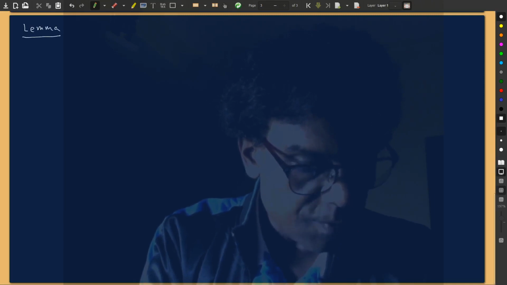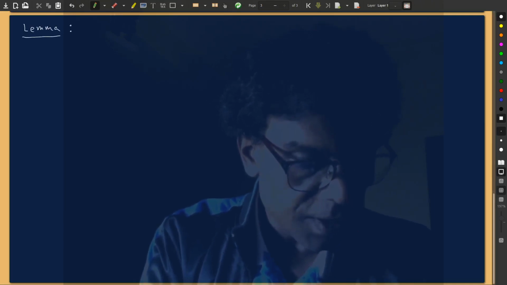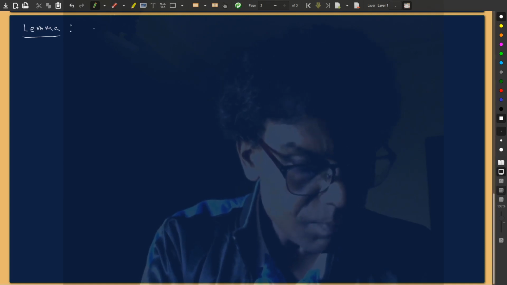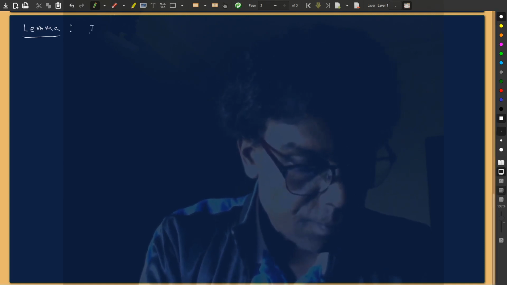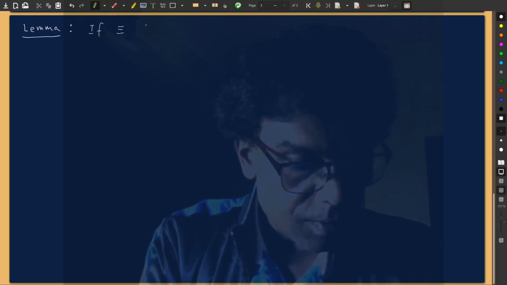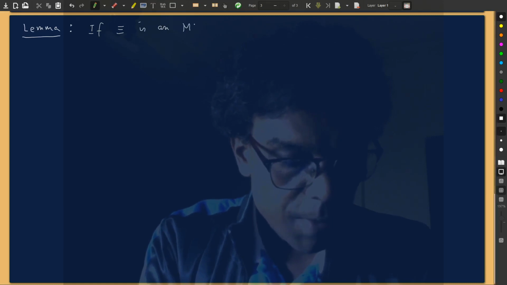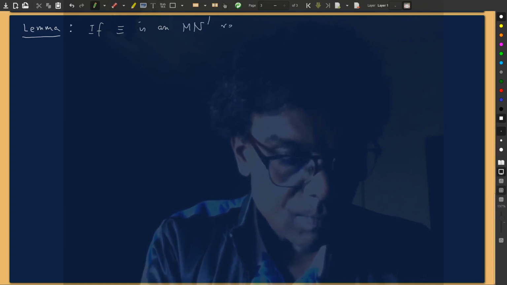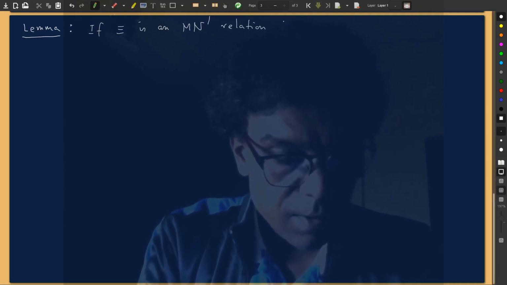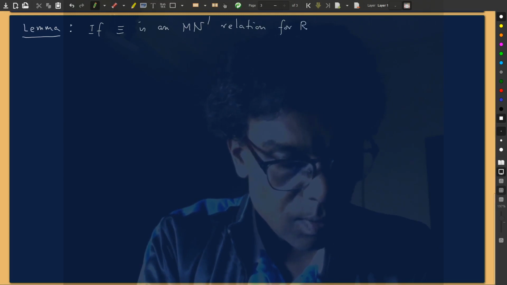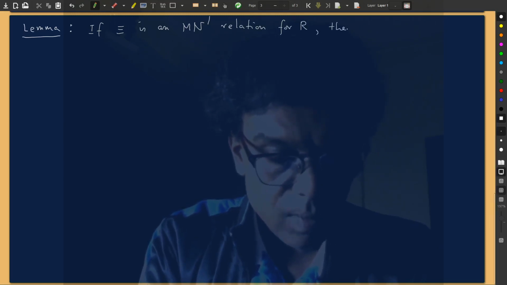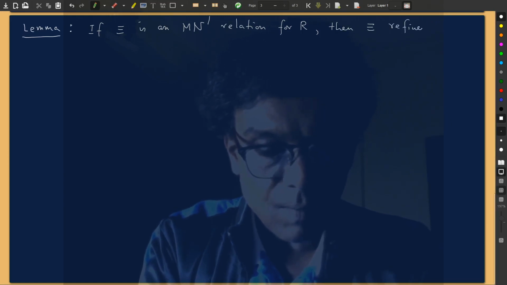Let R be as before, a language not necessarily regular. If this is a Myhill-Nerode-type relation for R, then this refines R.